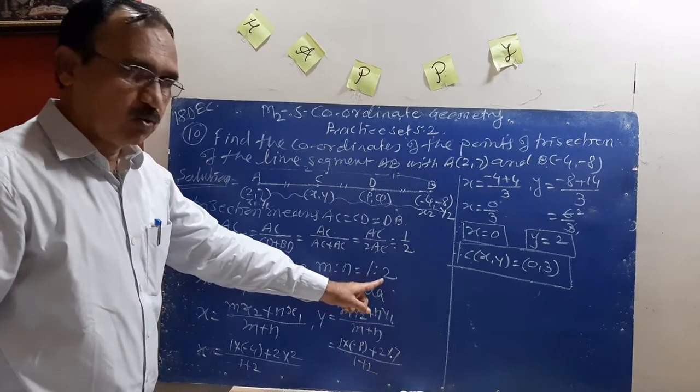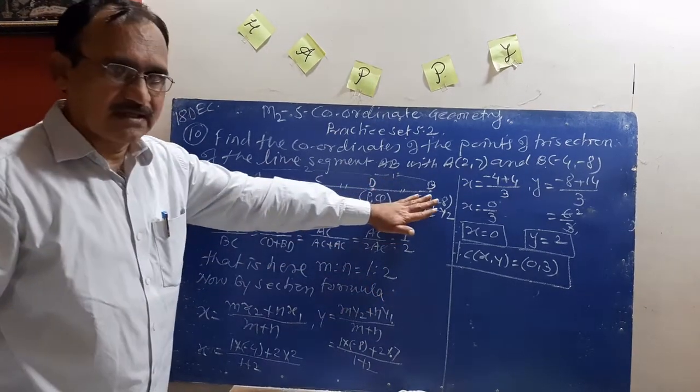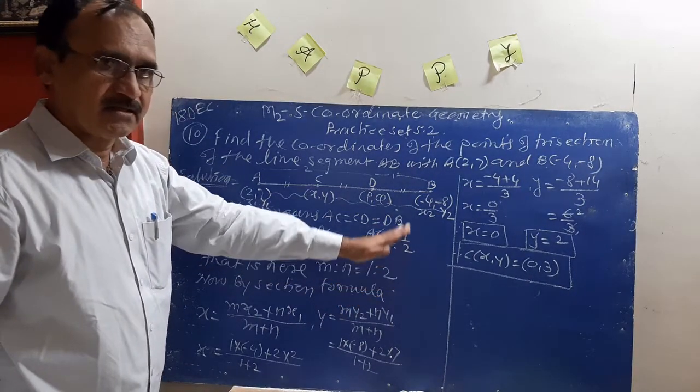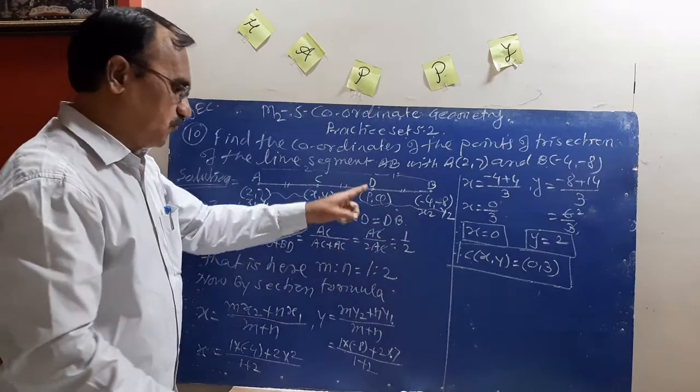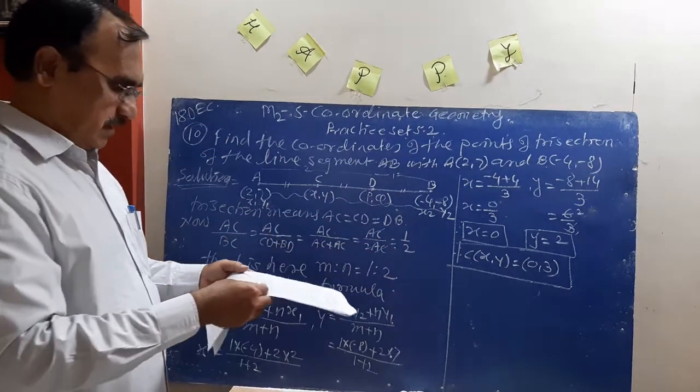Earlier it was 1 to 2. Now 2 to 1. The remaining coordinates are the same, only the values of m and n are changed, and then you can find the coordinates of point D (p, q) yourself.